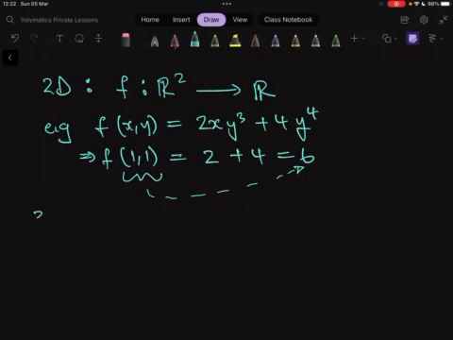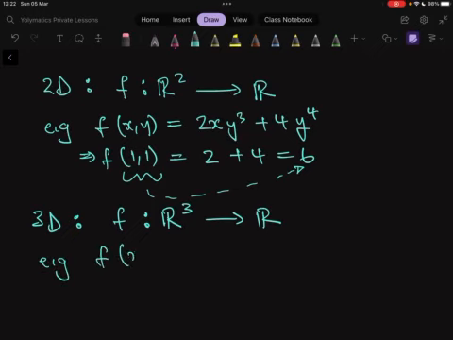We also have them in three-dimensional form. In three dimensions, it is defined as a function which takes R^3 and maps it to R. An example is the function f(x,y,z) defined as x^3 + y^3 + z^3. All these are different examples of multivariable functions in two-dimensional and three-dimensional space.